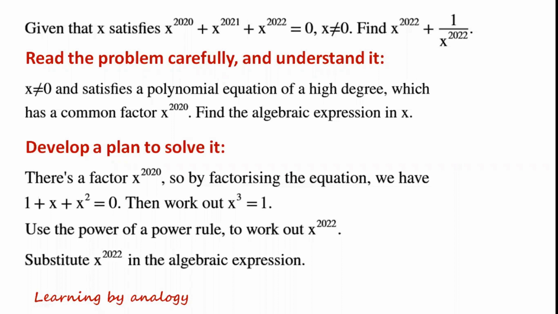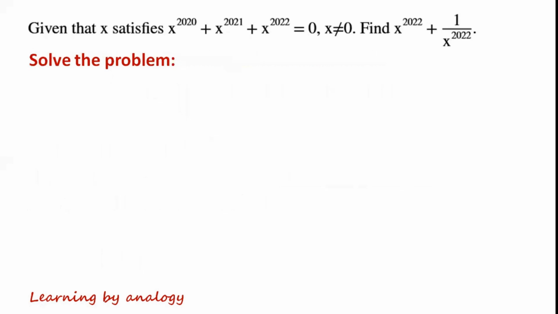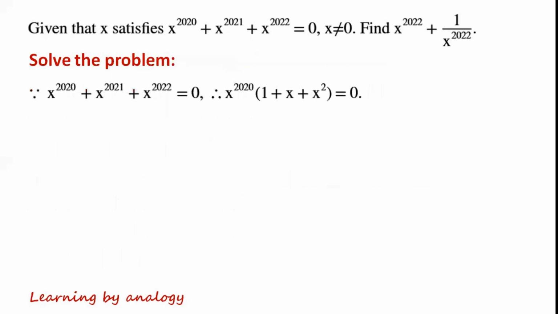Substitute x to the power of 2022 in the algebraic expression, because x to the power of 2020 plus x to the power of 2021 plus x to the power of 2022 equals 0.